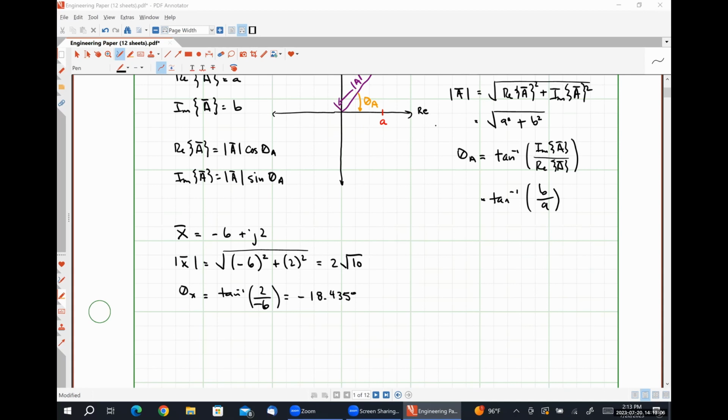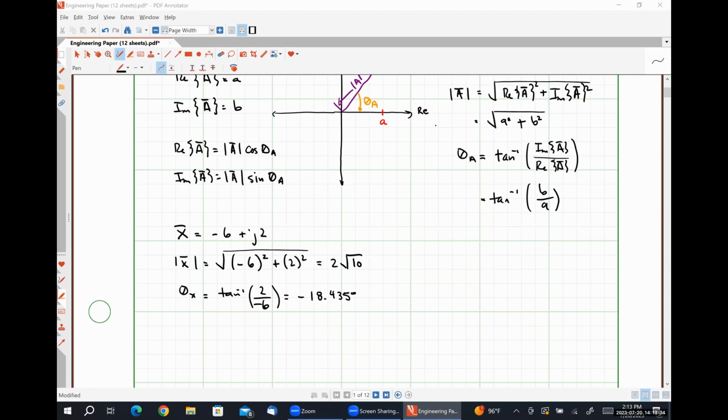Or I guess rewrite it maybe? So the problem, you're getting there. The problem isn't necessarily that it's negative. The problem is that -18.435 degrees lies in quadrant 4. But based on our rectangular representation, our number should lie in quadrant 2, right?